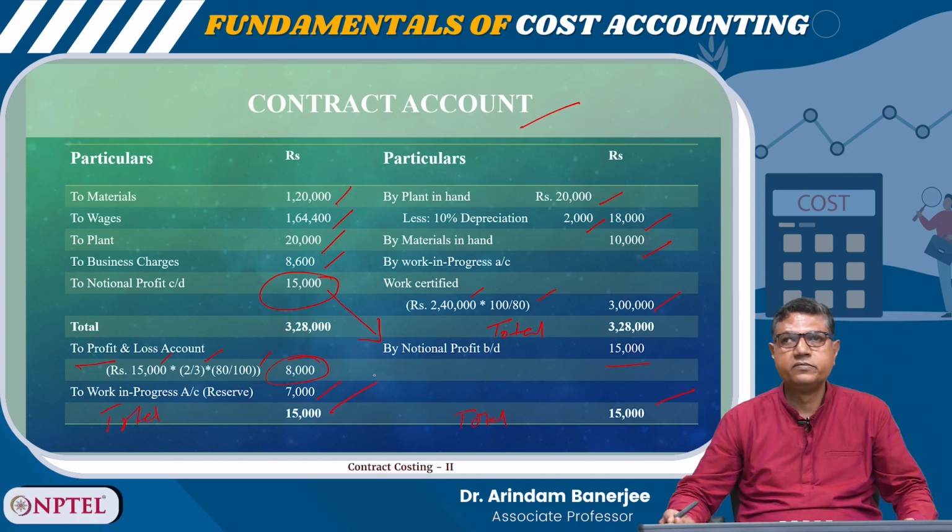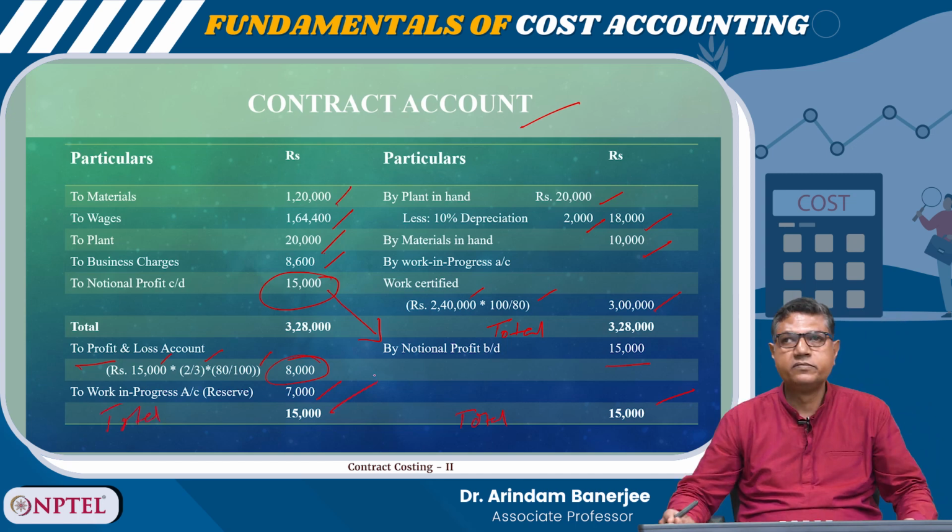Putting in the values, estimated total profit is 40,000 into cost of work to date 1,92,000 divided by estimated total cost 2,40,000, into cash received 1,68,000 divided by work certified 2,10,000. If I calculate, it is 25,600.